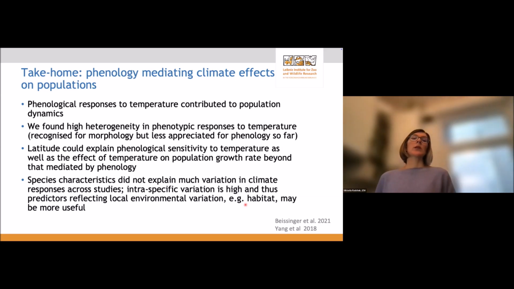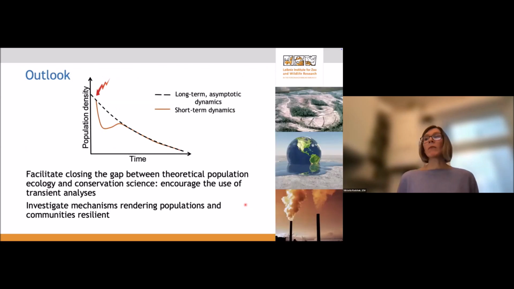We did not find species characteristics that could explain variation in phenological responses to temperature. Importantly, we found quite high intraspecific variation. It was as high actually as interspecific variation, and thus predictors that reflect local environmental variation, for example, habitat, may be more useful than such predictors as species characteristics.